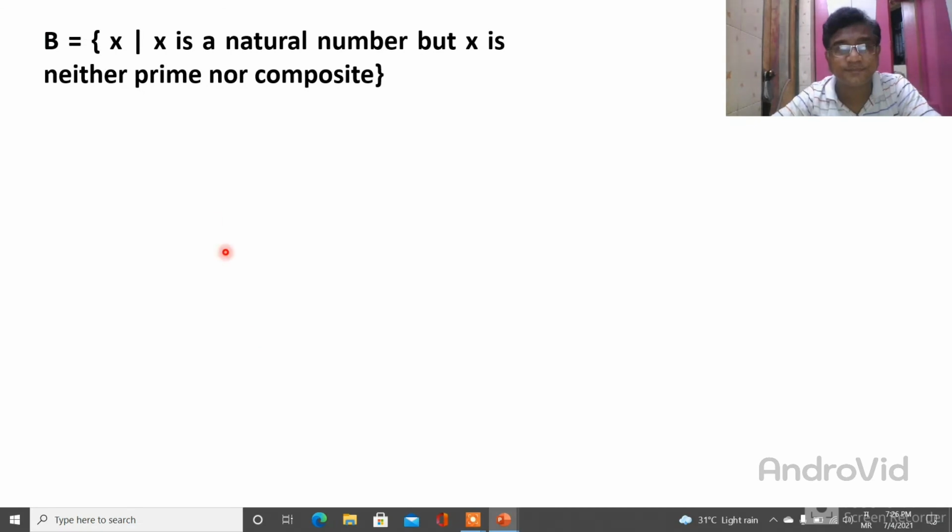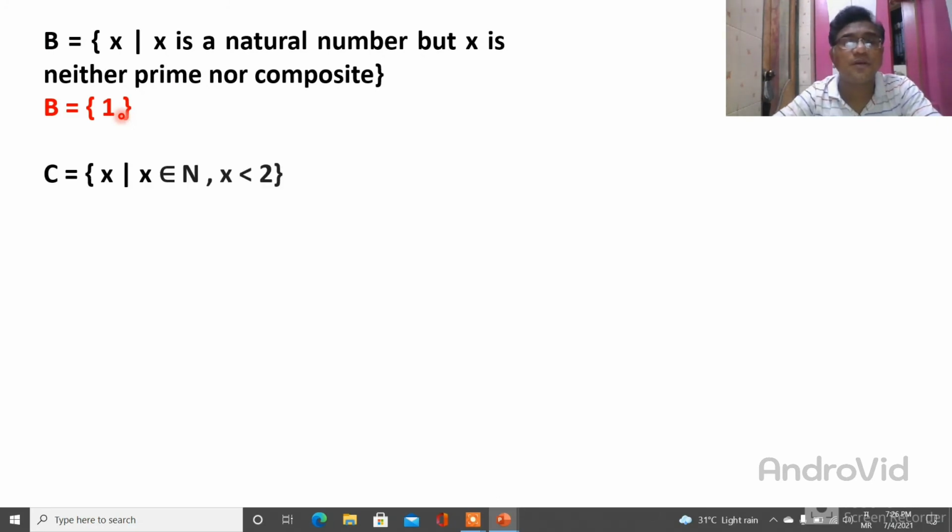B is the set of x such that x is a natural number but x is neither prime nor composite. So number 1 is not a prime and not composite. So my students, you must remember that this 1 is not a prime and not a composite. Then C is the set of x such that x belongs to natural number and x is smaller than 2.